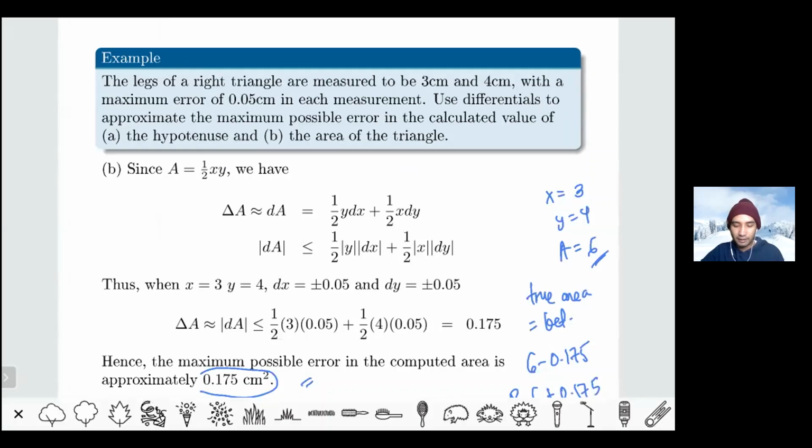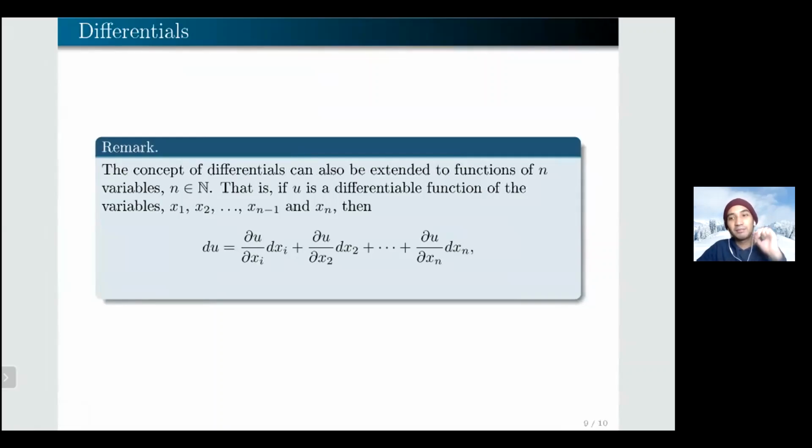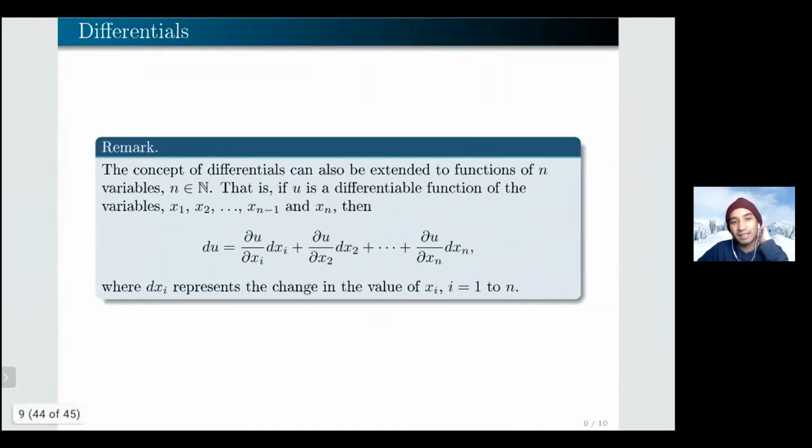Okay. So the concept of differentials, you can extend it to a function of n variables. Okay. So if you have a differentiable function of x1 up to xn, okay, then du is defined similarly this way. Use yung mga partial derivative, i-multiply mo ng mga corresponding differentials. Tapos, pwede mo rin siyang gamitin sa application.